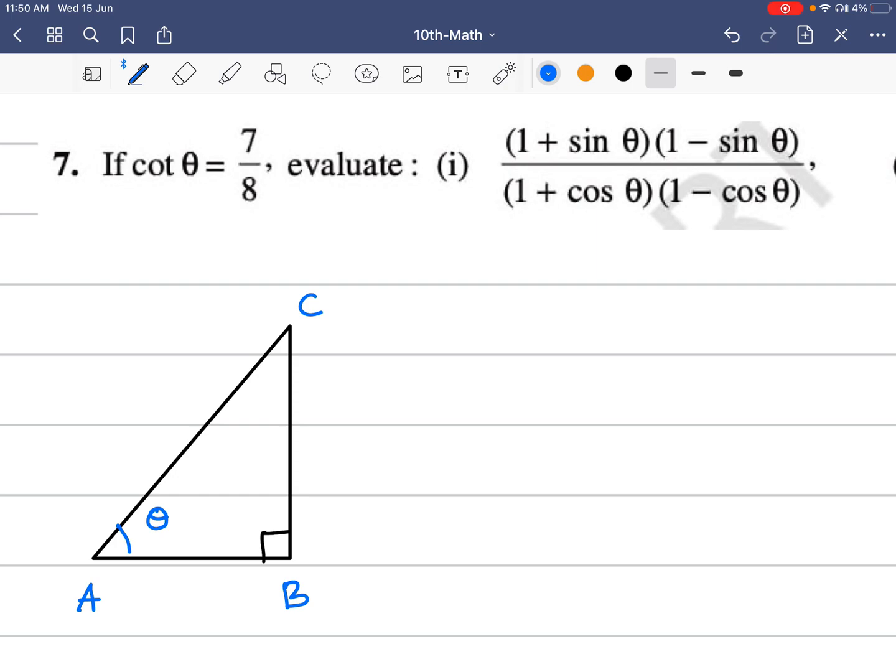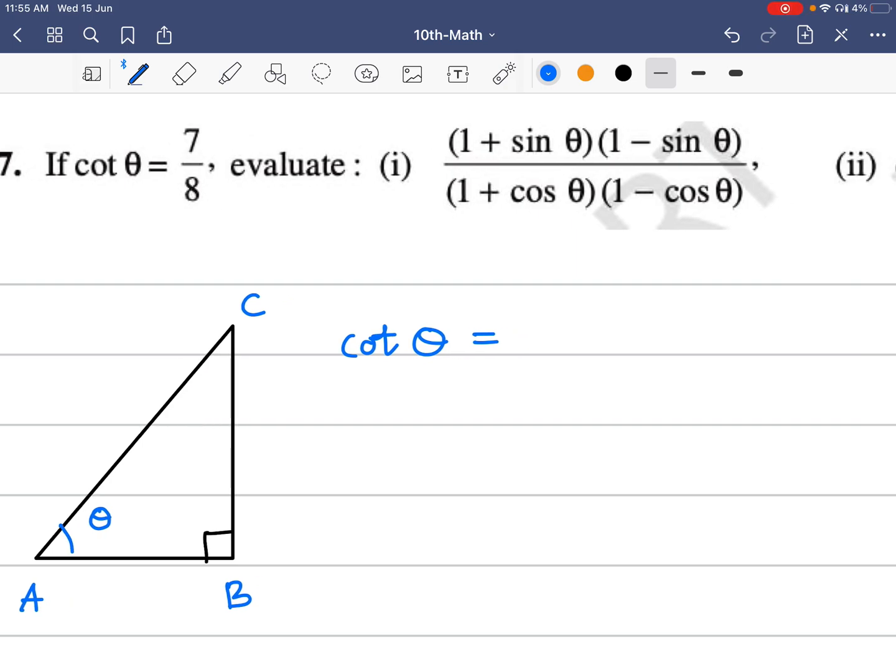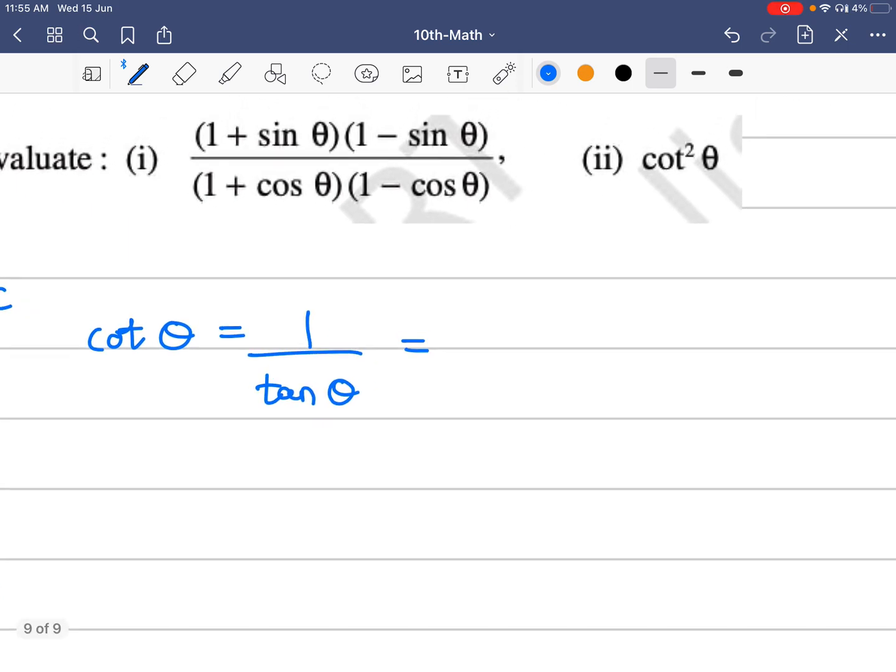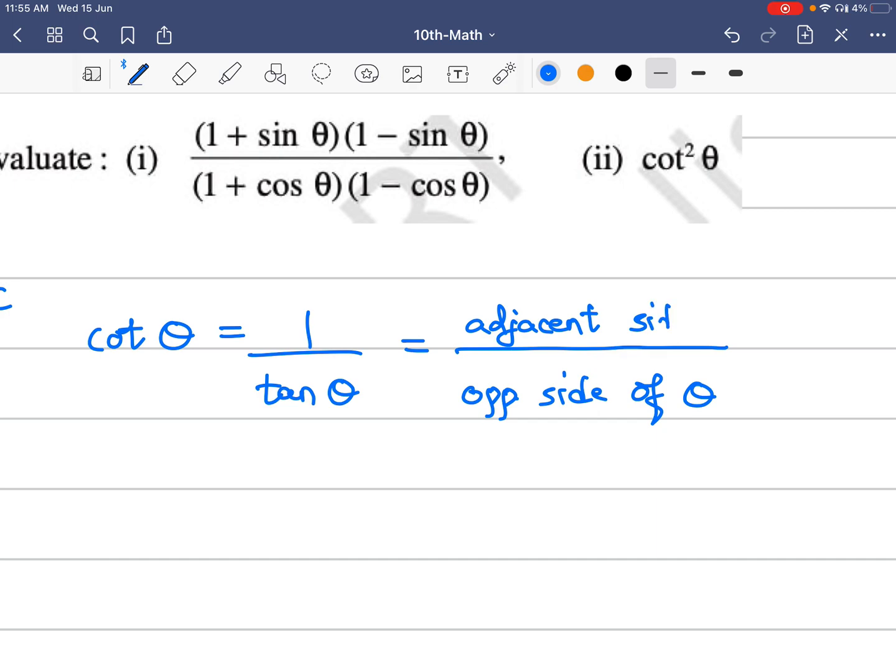Now what is cot of theta by definition? Cot of theta is a derived trigonometric ratio. It's nothing but 1 upon tan of theta. And what is 1 upon tan of theta? That is equal to the adjacent side of theta divided by the opposite side of theta.